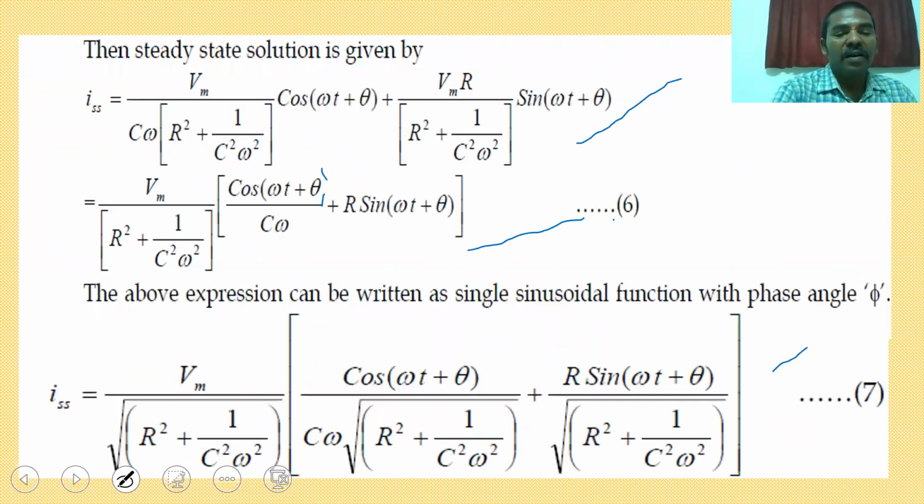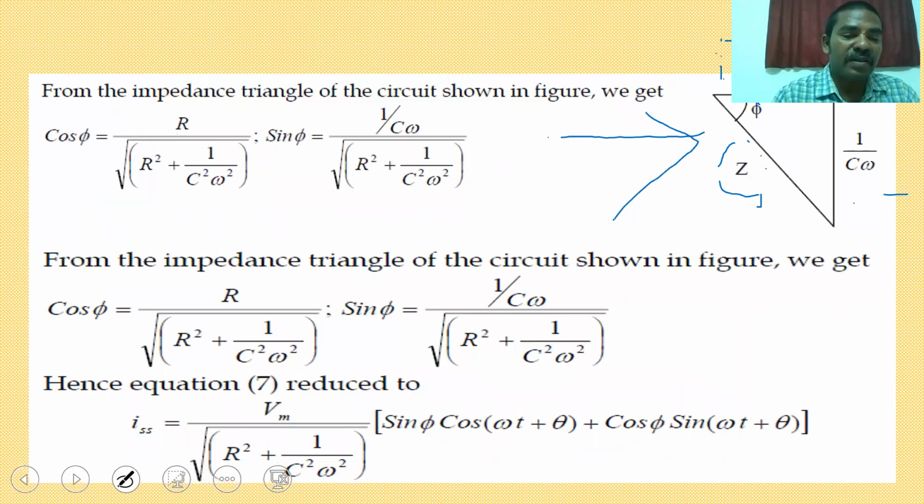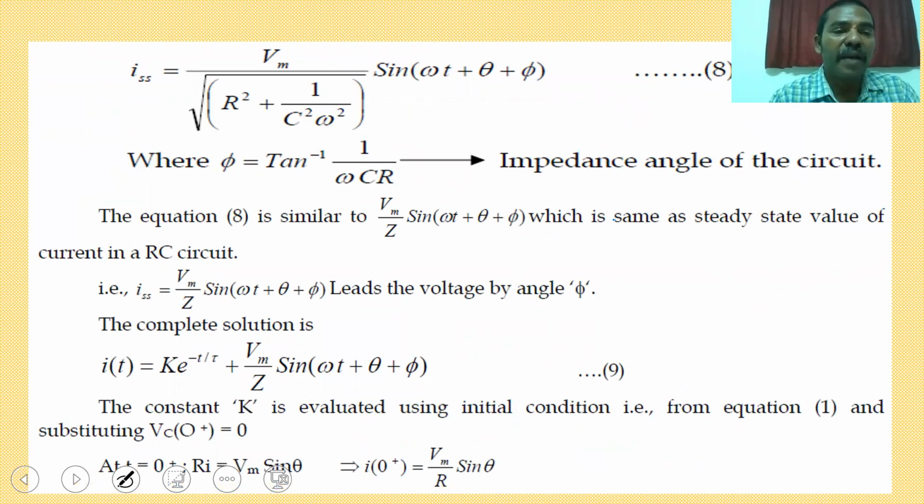So here the 1 by C omega and R by root values are there, and I am replacing them with respect to this. So ISS is equal to Vm divided by root of R square plus 1 by C square omega square, into sin phi cos omega t plus theta plus cos phi sin omega t plus theta. So it is sin A cos B plus cos A sin B. So finally the steady state current ISS is equal to Vm divided by root of R square plus 1 by C square omega square, sin omega t plus theta plus phi.